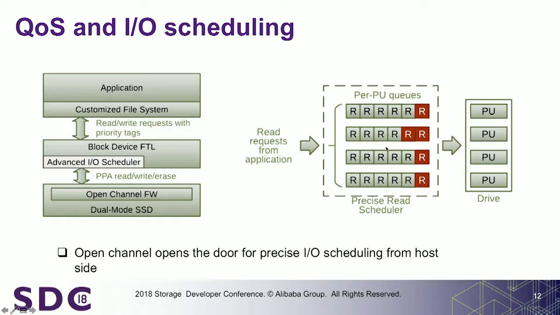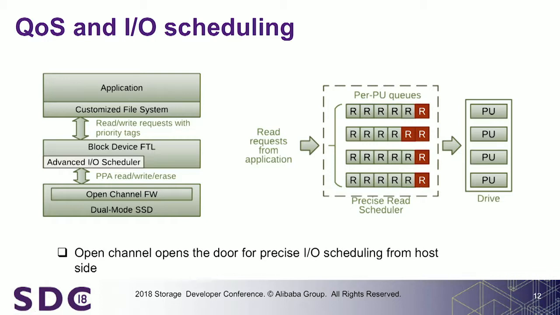Now the host has knowledge of the priority, or how critical the I/O is, and also has full control of the command queue for each NAND die, because of Open Channel. So here the driver just maintains a queue for each NAND die. We call it a PU, and the red color means high priority read commands.